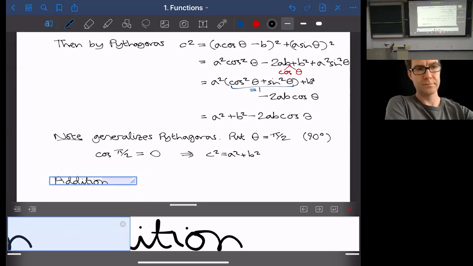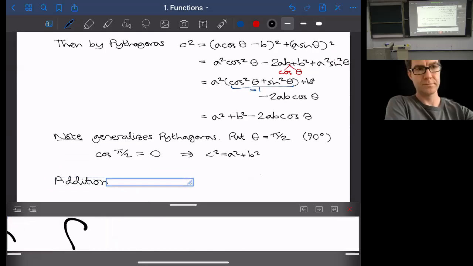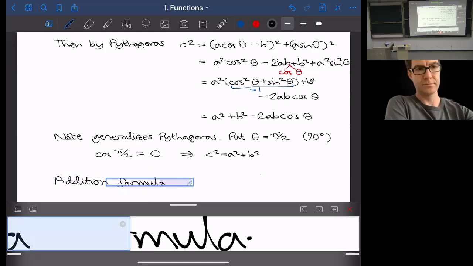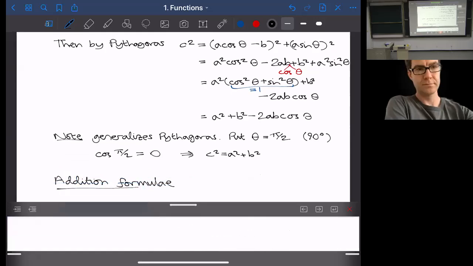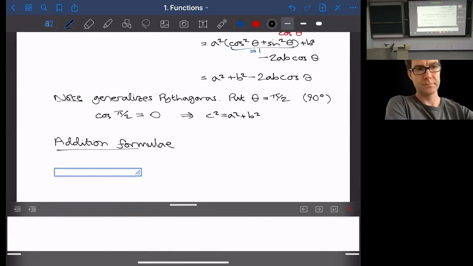So this formula can be useful for calculating lengths in a triangle, or angles if you know the lengths.